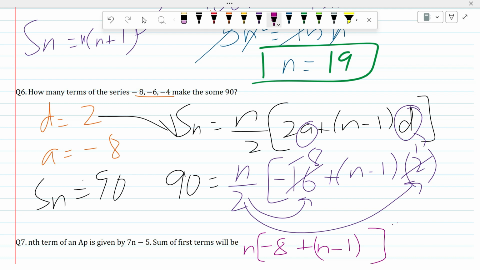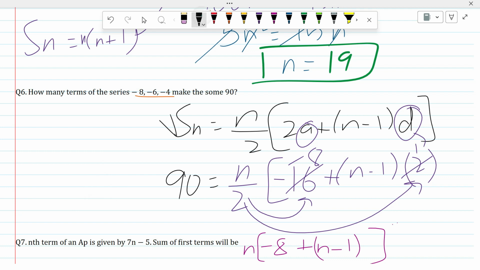Now let me do one thing. I am removing this because we don't have enough space. Now let's solve this here. This is equal to 90.